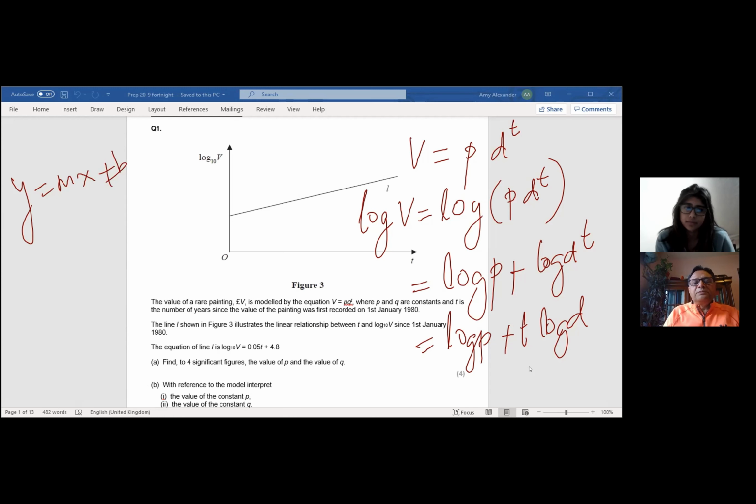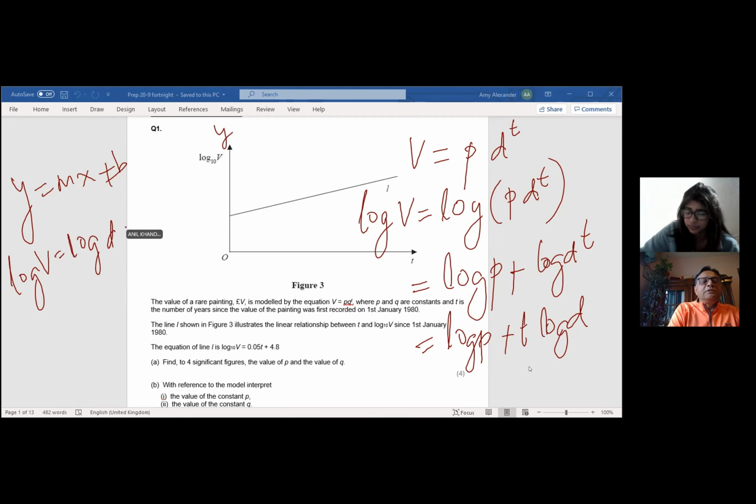If you compare with y equals mx plus b, you see this is y, which is log of v, and the rate of change times the variable t, right? So log of d, let me write like this, log of d is the rate of change. And then it is time, the variable, plus the initial value, log of p.